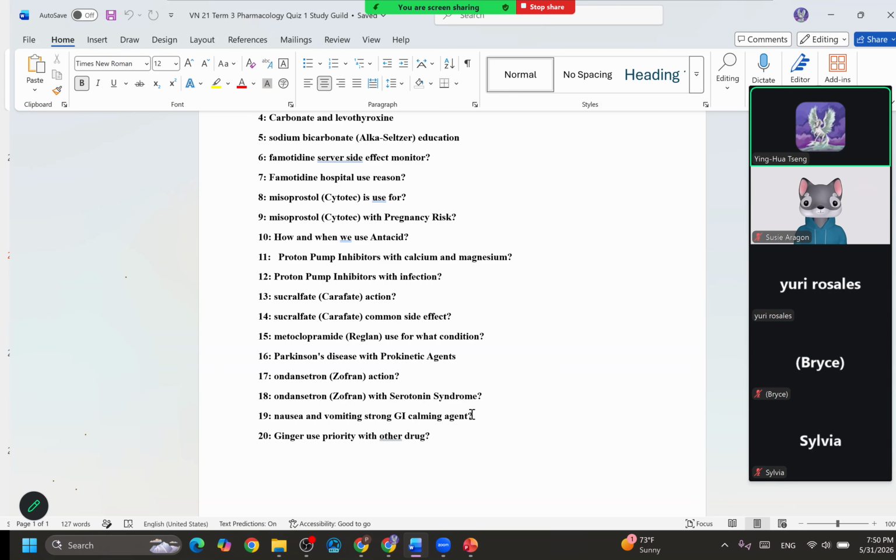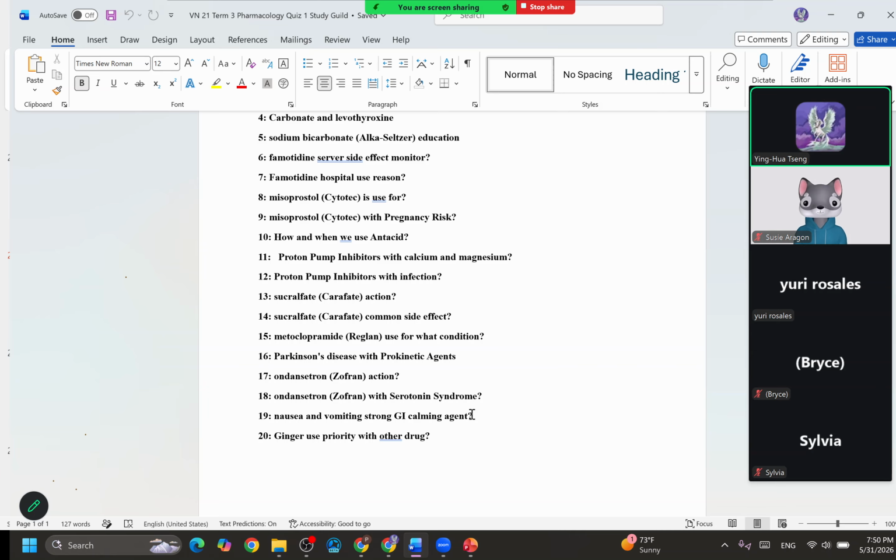We don't absorb the nutrition very well. But proton pump inhibitor is also very special for calcium and magnesium, especially calcium. They will stop the absorption of calcium. This is the reason the patient will get fractures very easily. That's why proton pump inhibitors have a fracture precaution, because your calcium and magnesium cannot absorb very well.